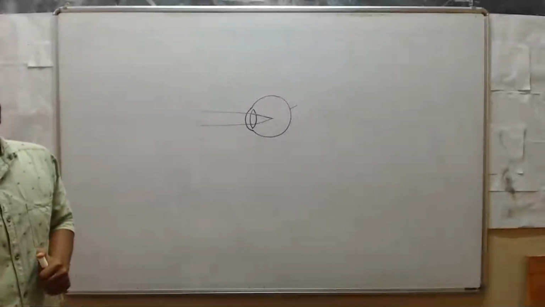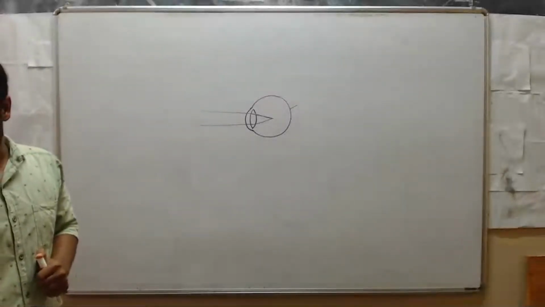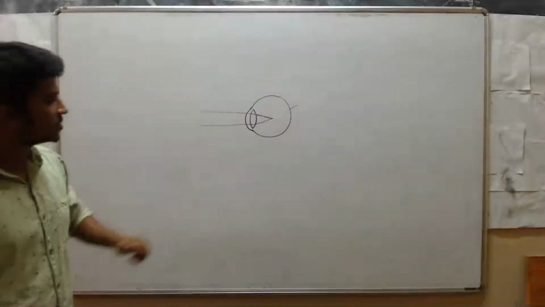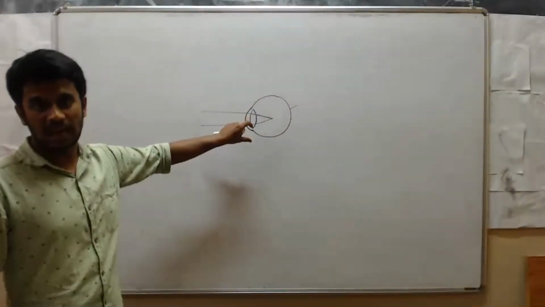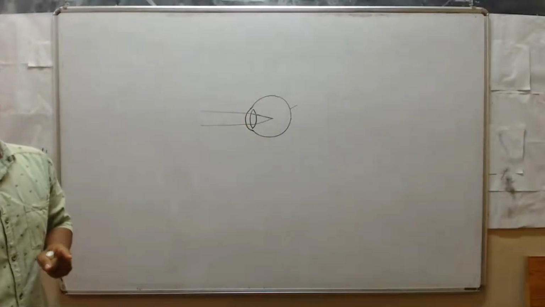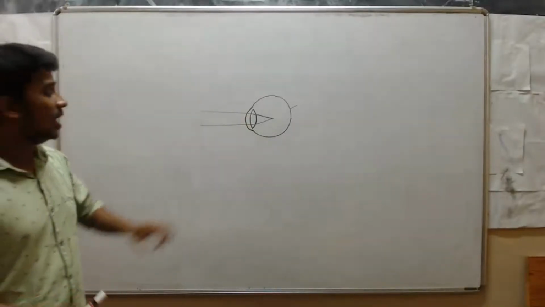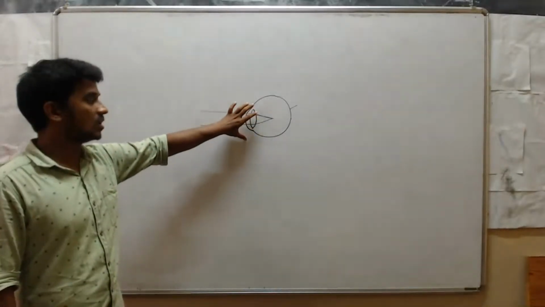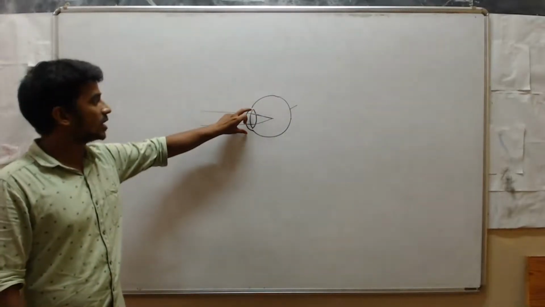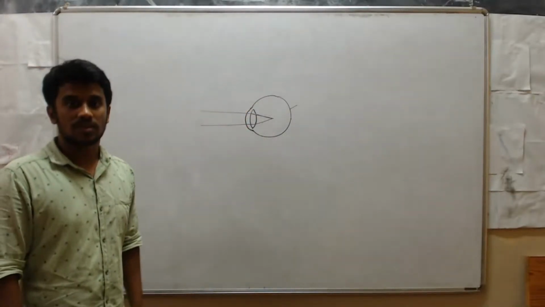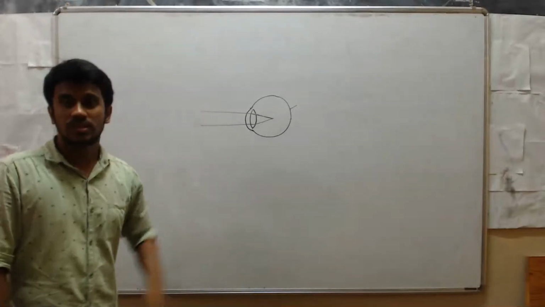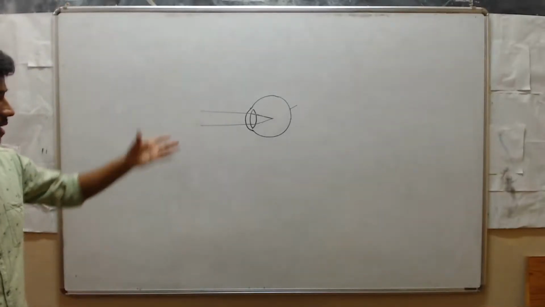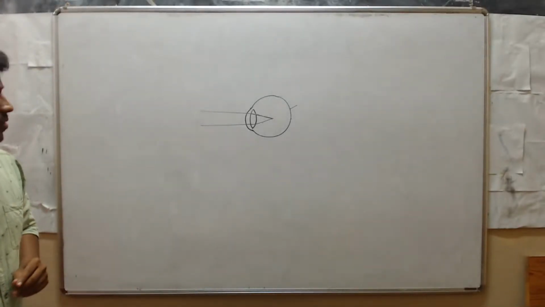The first is excessive curvature of the eye lens, and the second reason is elongation of the eyeball. It's very long. Due to these problems, myopia arises.